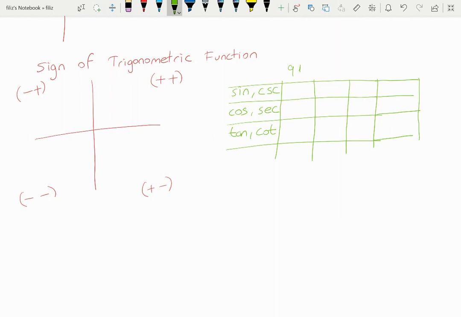So this is quadrant 1, this is quadrant 2, quadrant 3, quadrant 4.